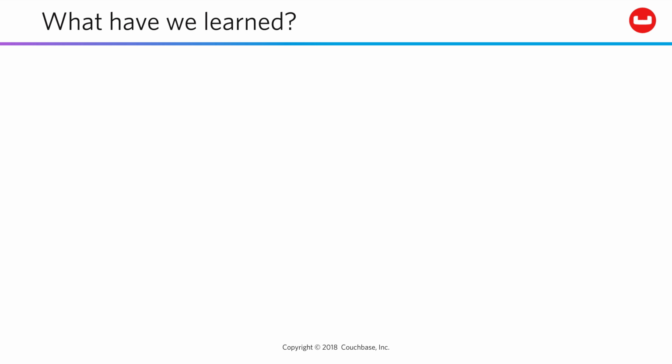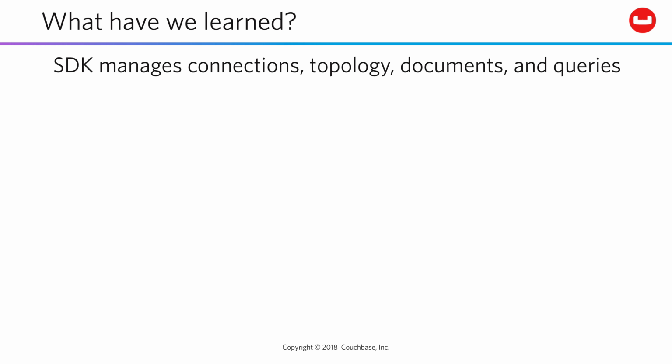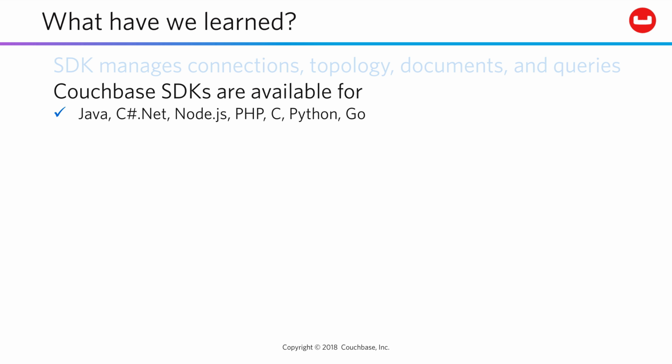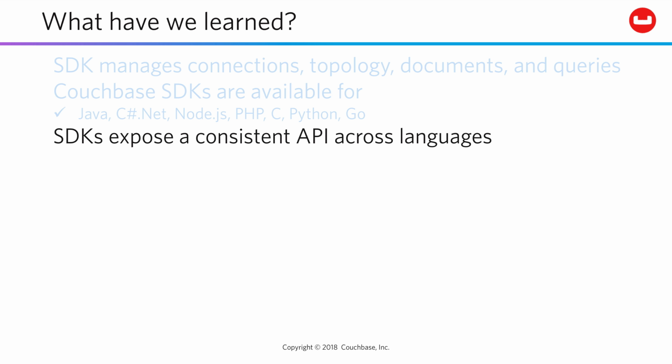So what have we learned? Well, the Couchbase SDK manages your connections, documents, operations, and queries, and is automatically aware of your cluster topology and service distribution. Couchbase supports SDKs for Java, C#, .NET, Node.js, PHP, C, Python, and Go, all of which expose a consistent API regardless of language and environment.